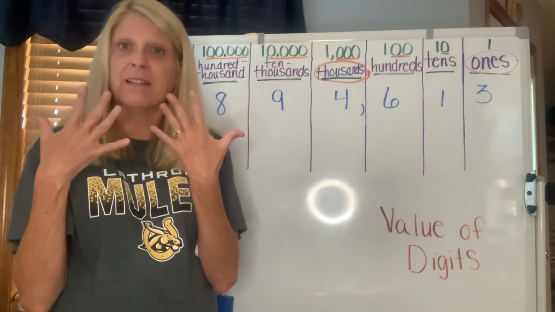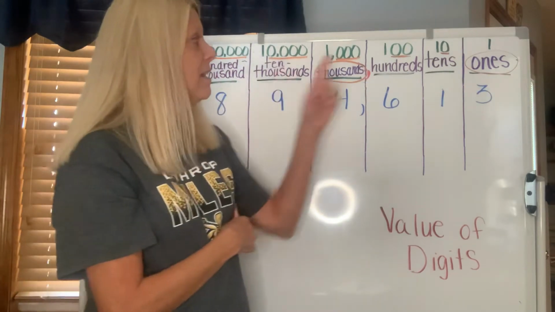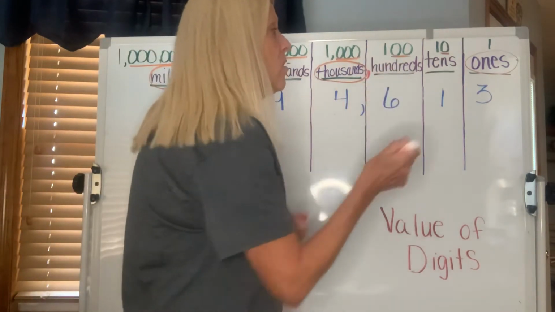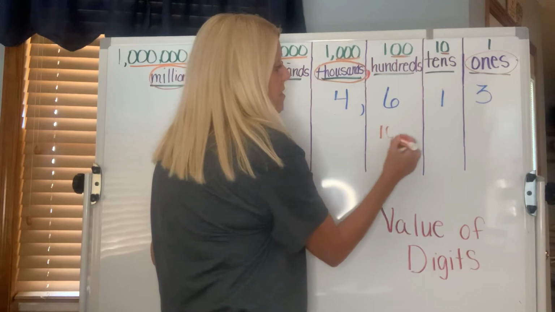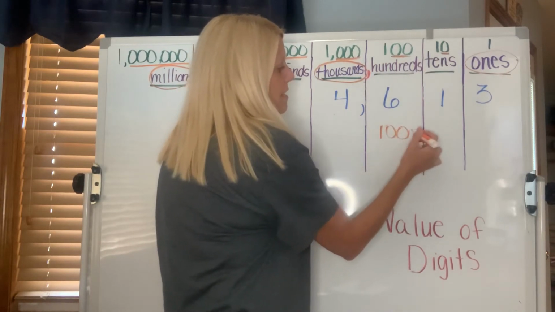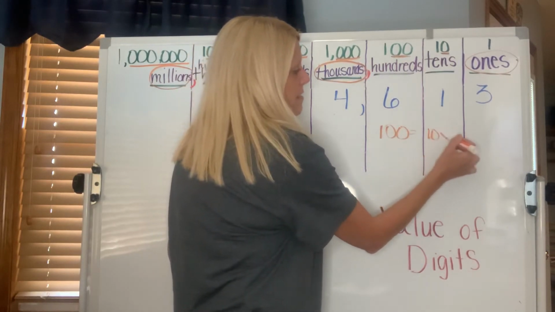That makes sense, doesn't it? There are 10 tens in 100. So 100 is equal to 10 times 10.